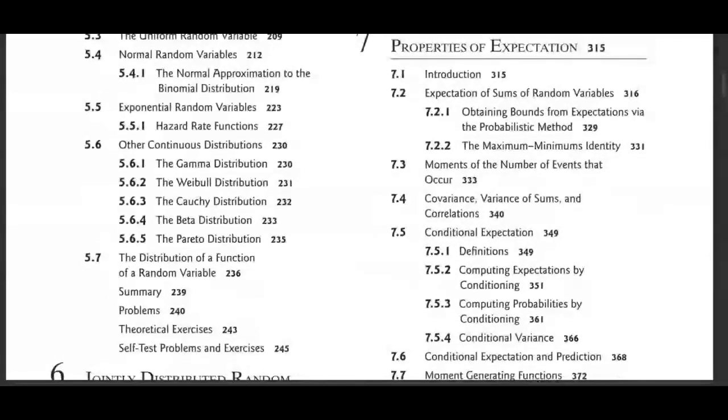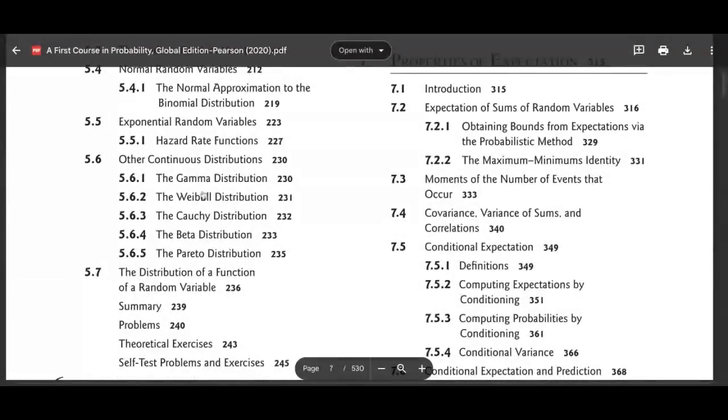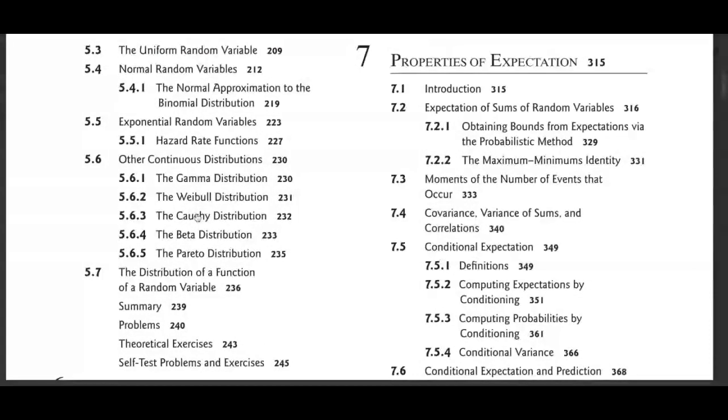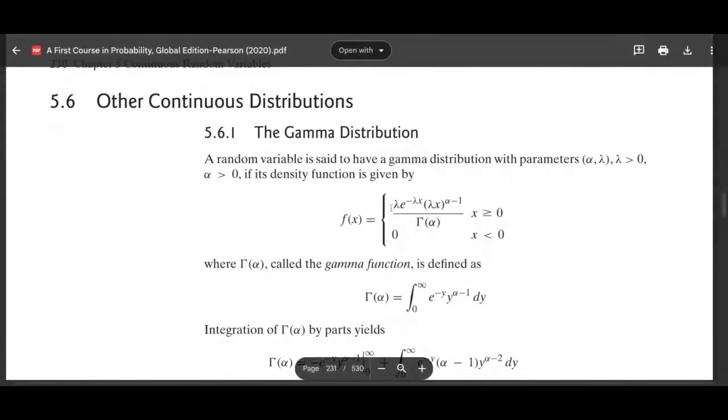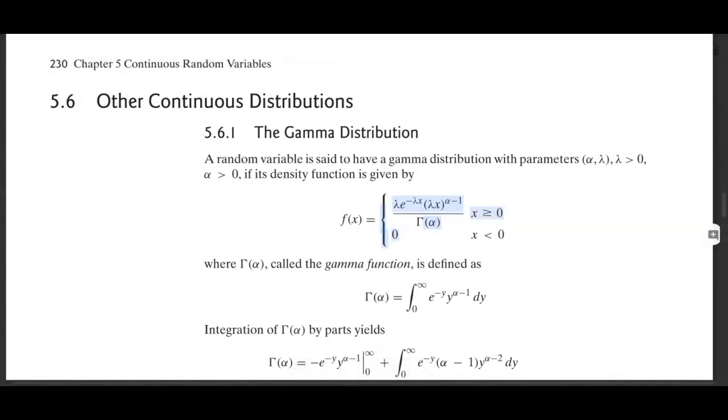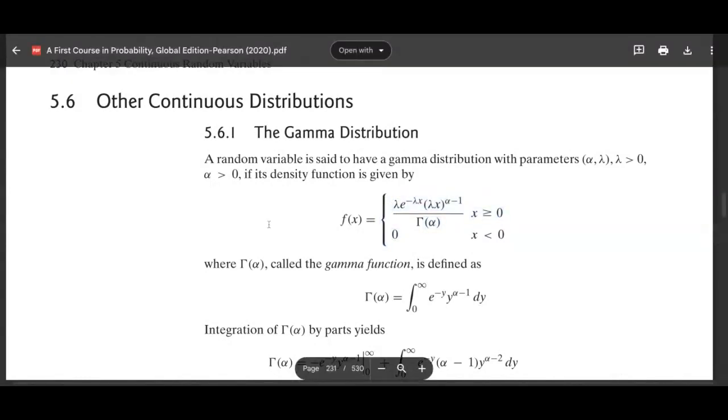Gamma, Cauchy, and beta. So let's go to the gamma distribution. We don't need to memorize the density function because it's really difficult.